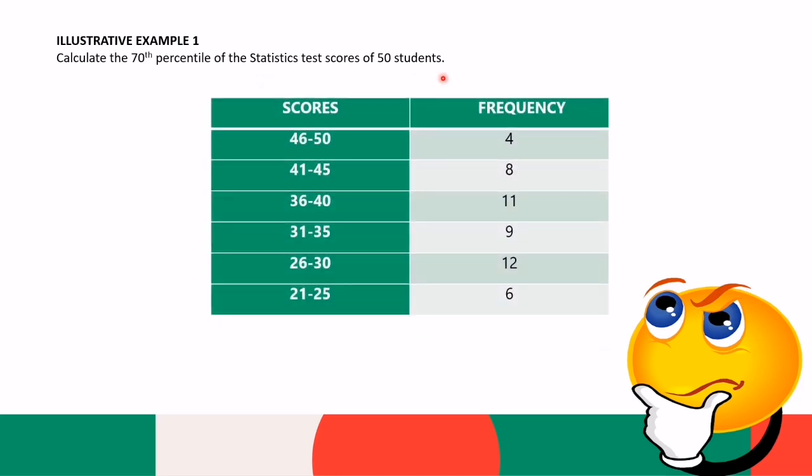Now let's have our first example. We will solve for percentile. We have to calculate the 70th percentile of the statistics test scores of 50 students. We are only given here the data of the scores and the corresponding frequency.